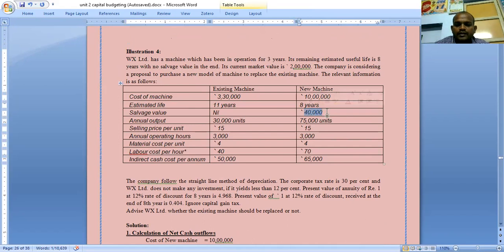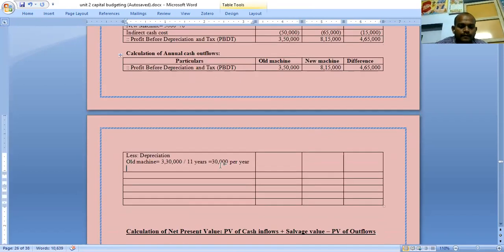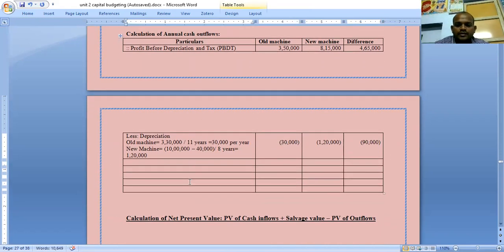We have to deduct it and then divide it by 8 years. So depreciation will be 30,000 and 1,20,000. So the incremental depreciation is 90,000.